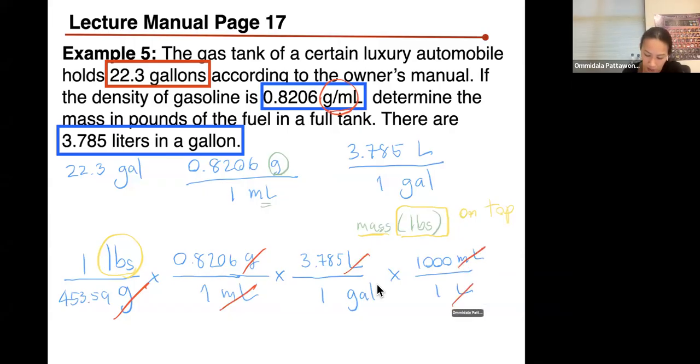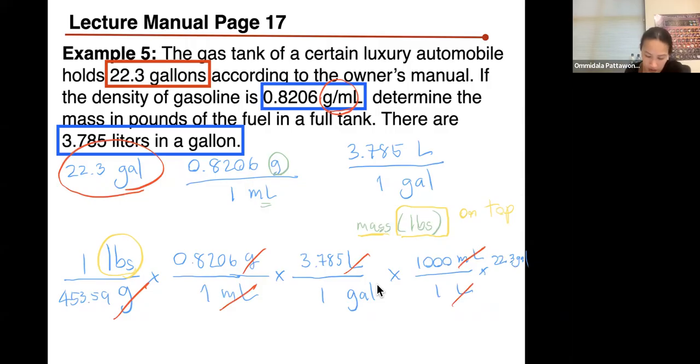So the last step would be to incorporate the last given information, which is 22.3 gallon. Now you may ask me, do I need to put anything on the bottom? The answer is you don't have to, because this number comes with just 1 unit. Therefore, do not put any other unit on the bottom. You just multiply by that.